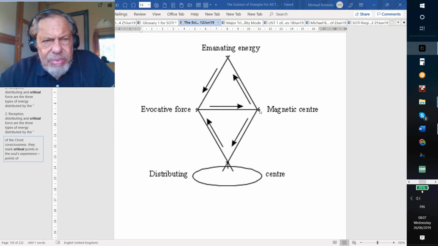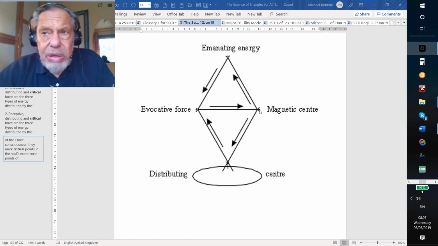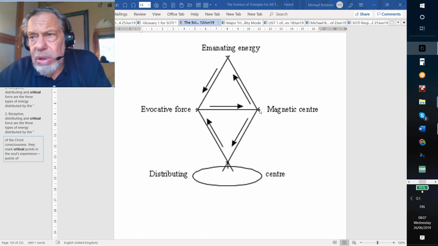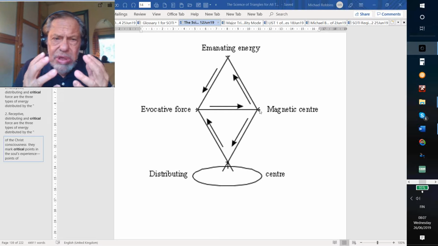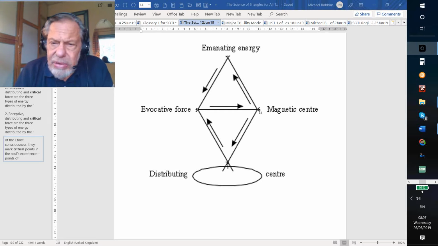We just have to have a superior triangle above a fourth point, even as the triangle of logoic, monadic, and atmic energies hovers above the Buddhic vehicle, which, from a certain perspective, is like the embodiment of those three and can distribute their energies into a lower world.